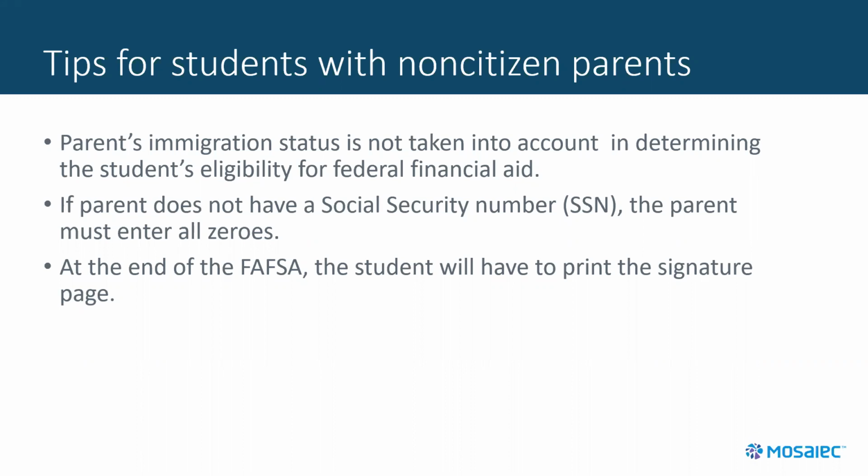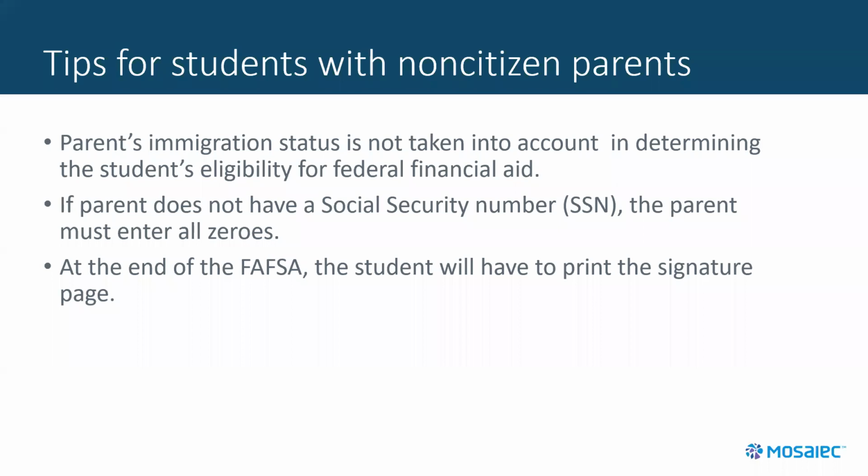Now, if your parent doesn't have an SSN, then they will not be able to create an FSA ID because an SSN is required. Therefore, they will not be able to sign your FAFSA form electronically. So at the end of the FAFSA, you will get to the signature page and you will have the option to print it out.